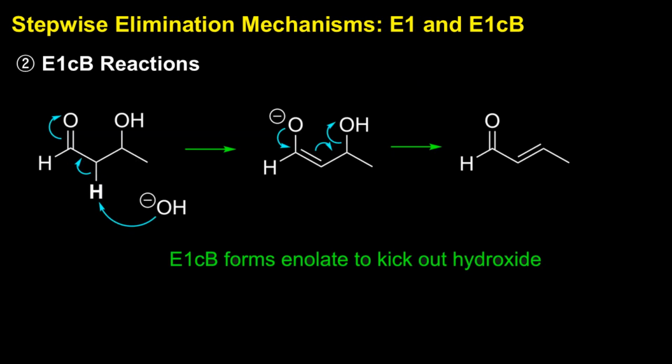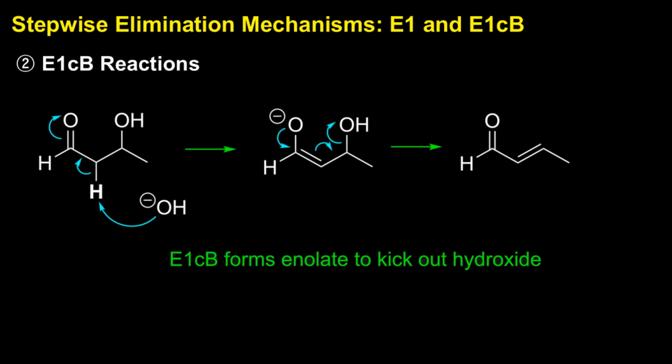Now let's look at a classic example of E1cB in action, the elimination step after an aldol reaction. We start with a beta-hydroxycarbonyl compound, and under basic conditions, it's converted into an alpha-beta unsaturated carbonyl compound. Here's what happens. The base pulls a proton from the alpha carbon, forming an enolate anion.